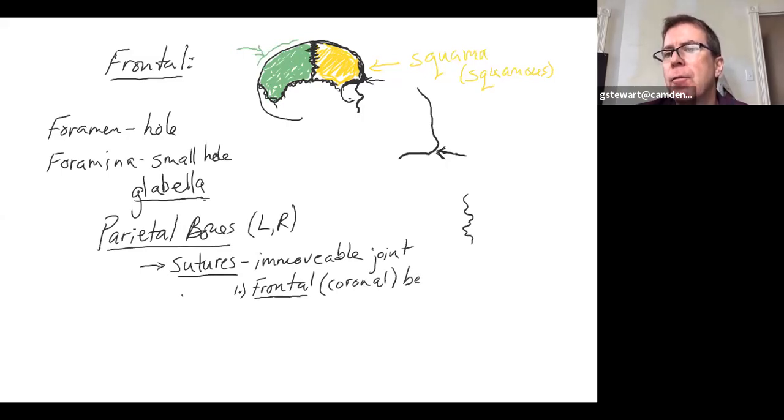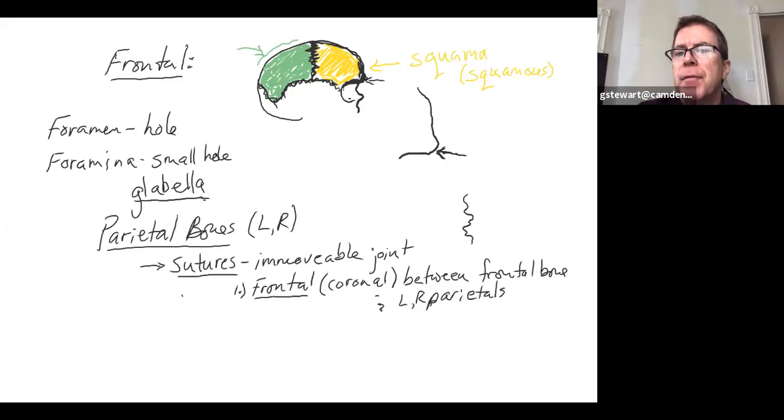This is the immovable joint between the frontal bone and, I'm just going to put left and right parietals, parietal bones. The second suture that I'm going to list is called the sagittal suture.